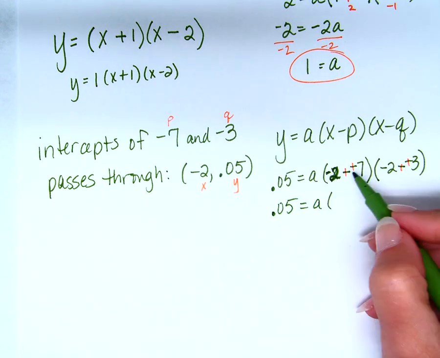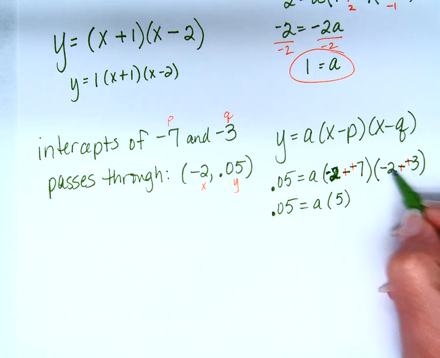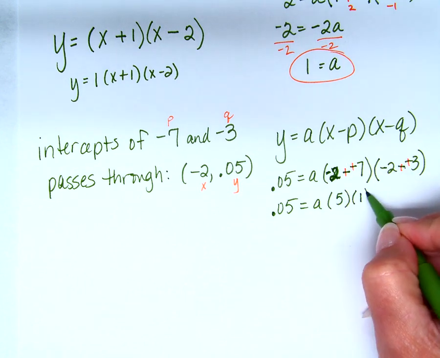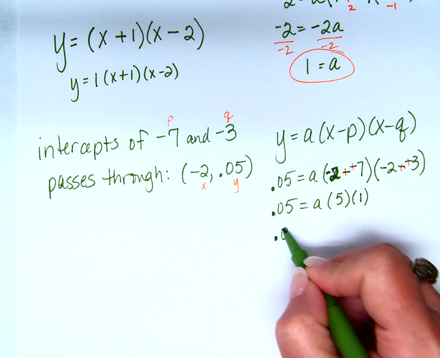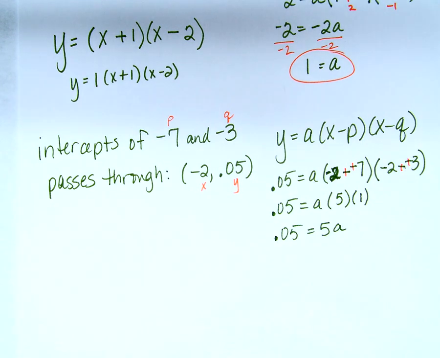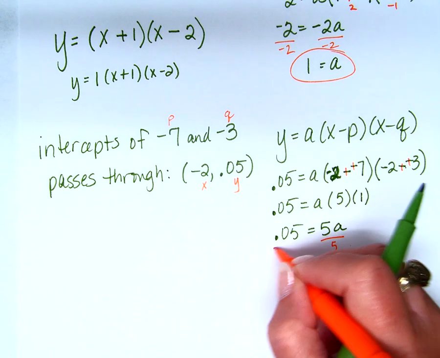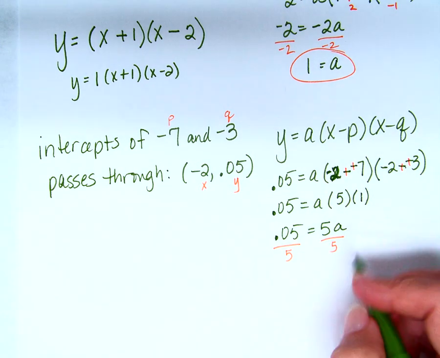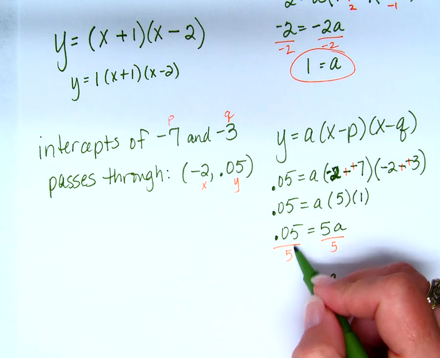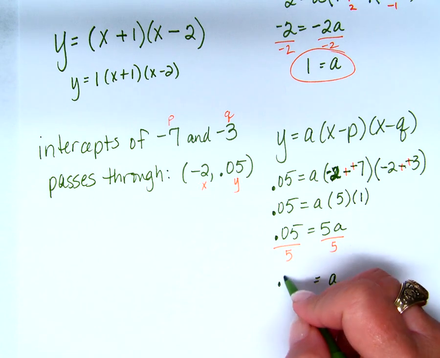What's negative 2 plus 7? 5. And then negative 2 plus 3? 1. So 0.05 equals 5a, right? So if I divide both sides by 5, what's a equal? 0.05 divided by 5? 0.01.